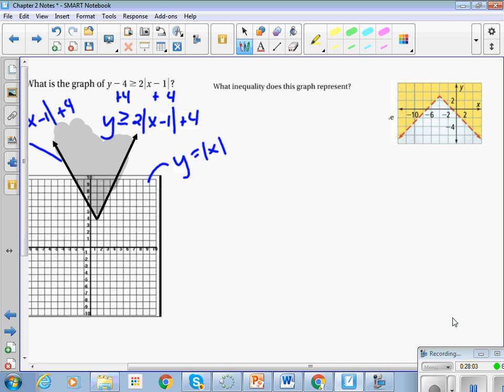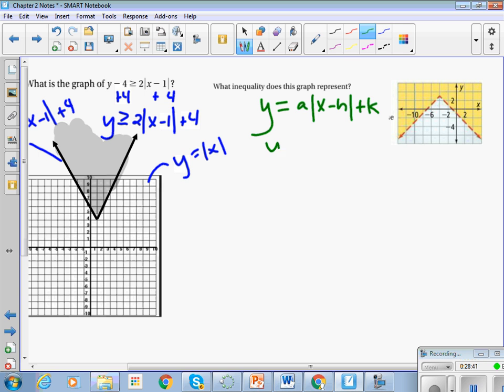What inequality does this graph represent? Definitely an absolute value inequality. So let's put the generic form. Here's the generic form with all of our transformations inside of it. And then we'll see how this guy gets switched around. So we have a dashed line and we have everything shaded above.